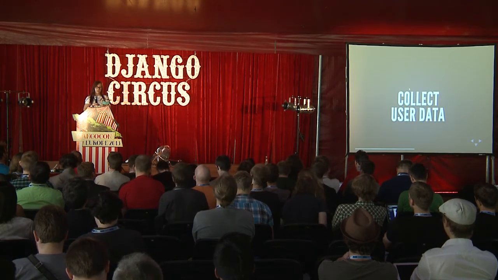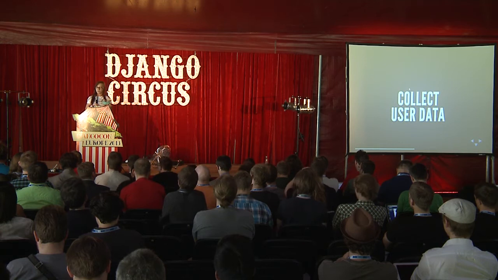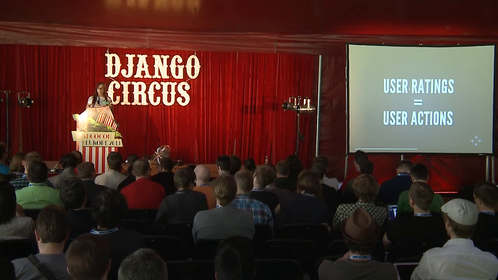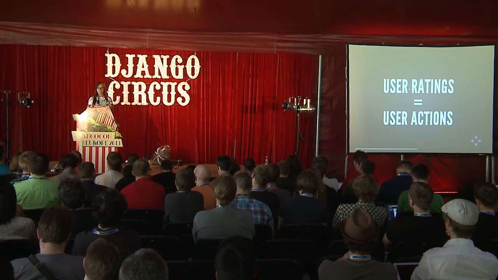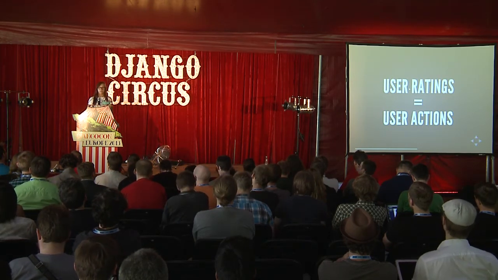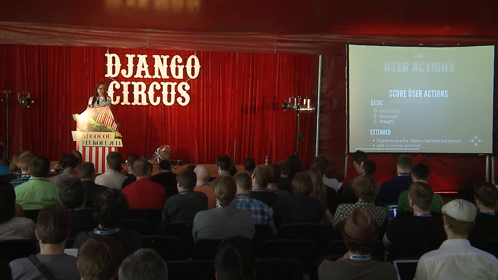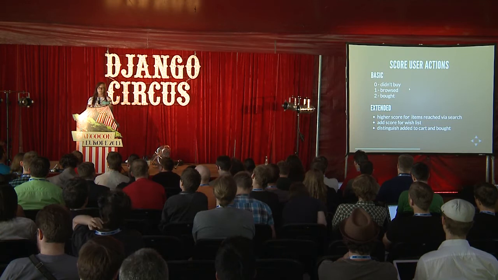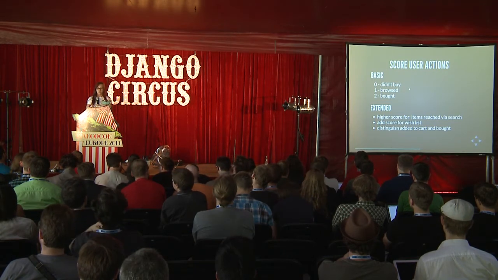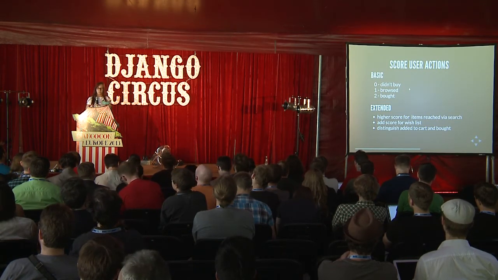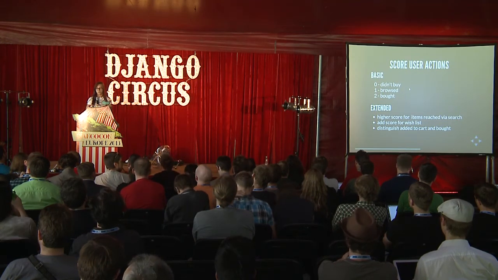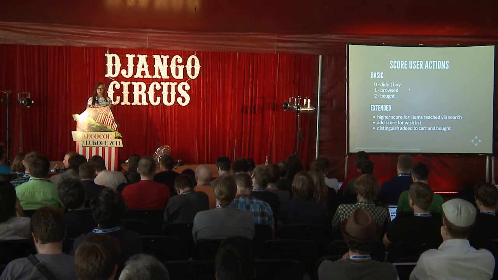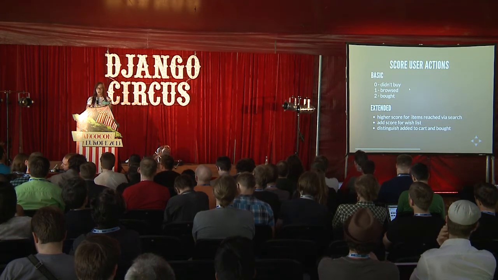While building a recommendation system, we have to start with collecting user data. And we have to remember that user ratings are actually the user actions, everything that the user does on a website. So, for example, our scoring would be defined as zero for no actions with the products, one for the products that were browsed by the user, and two for bought.